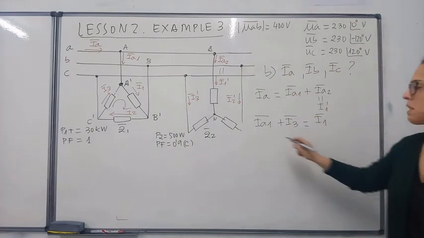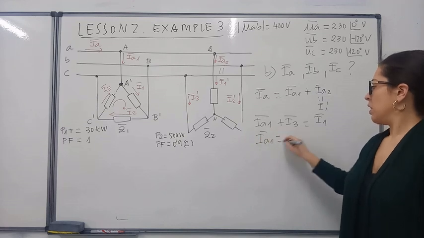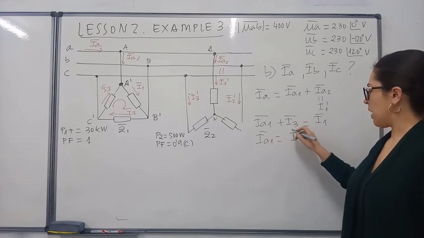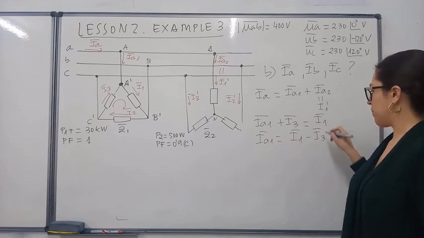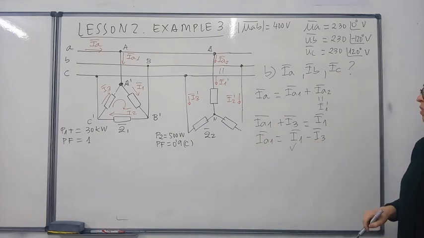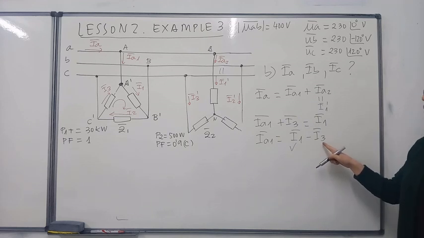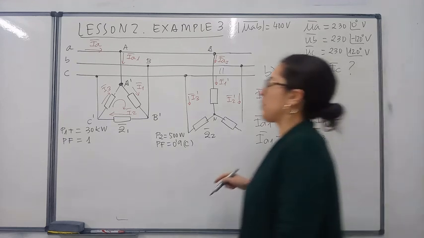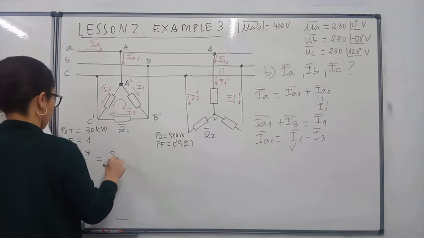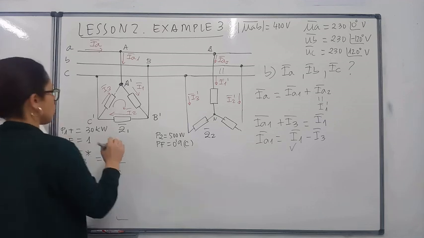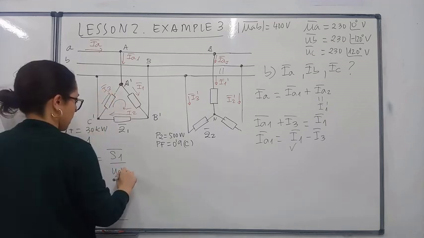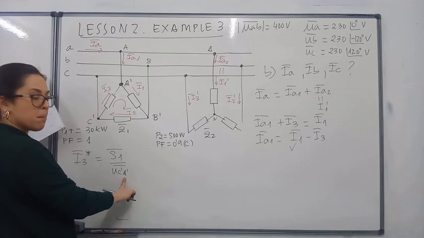So what do we already have from this? We can solve for this current that we don't know, and we will have I1 minus I3. If you remember, we have already calculated I1 in the first question of this problem, so we still need to obtain I3. I3 could be obtained by dividing the apparent power by the voltage of this side of the delta, which is U C'A'.